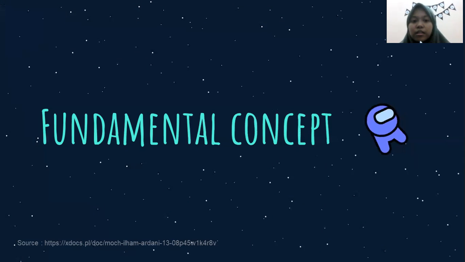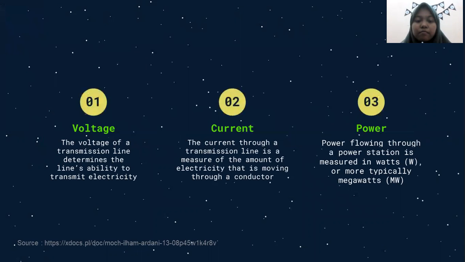Second content is fundamental concept. There are 3 fundamental concepts generally. Number 1 is voltage. The voltage of a transmission line determines the line's ability to transmit electricity.